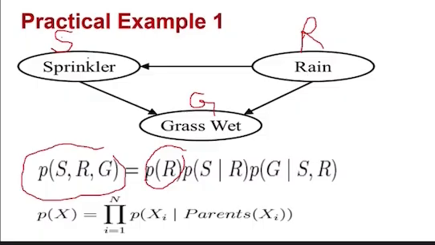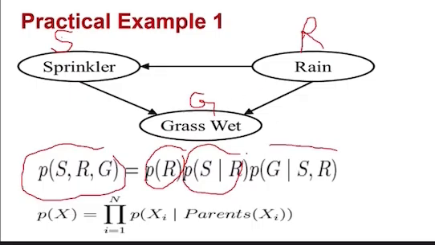Now, for sprinkler, you can see an arrow going from rain to sprinkler, which means the rain causes the event of sprinkler. That's why you see here S given R. And the grass wet actually has two arrows, one from sprinkler and the other from the rain.